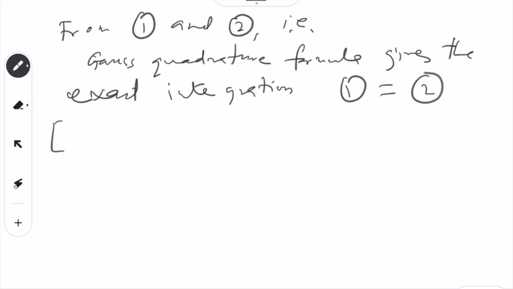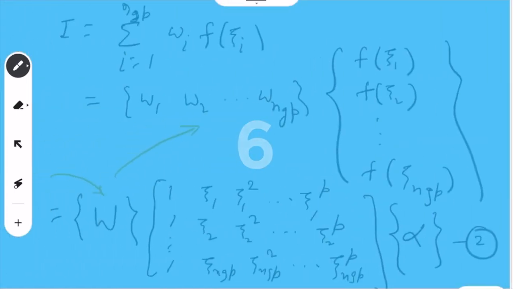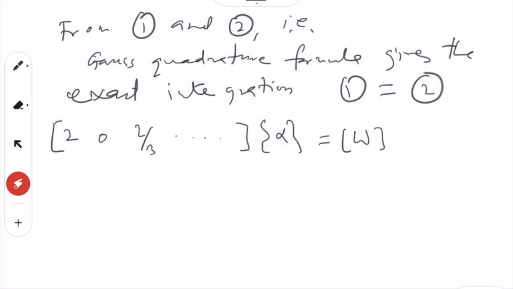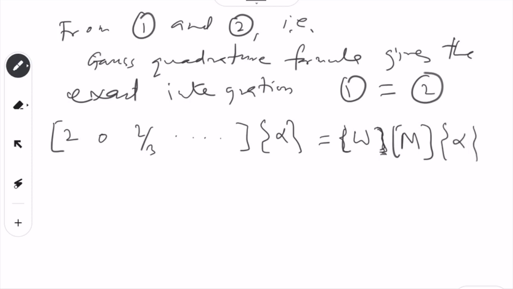So in that case we have 2, 0, 2 over 3, and so on, multiplied by alpha is equal to the weight, and then the xi matrix, let us call it matrix M, and then we have alpha also.